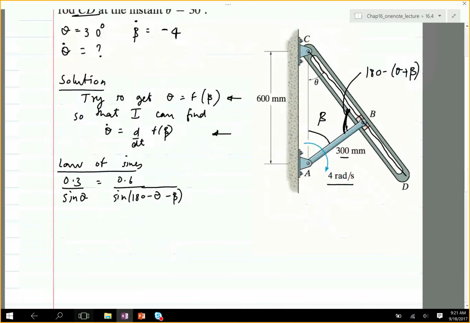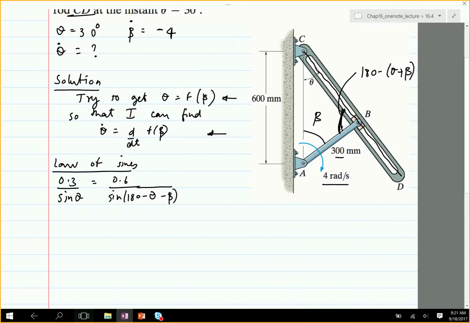Okay, so I think that's pretty much what I need. So I'm going to factor this out. What's 180 minus theta minus beta? I think it's sine of theta plus beta.